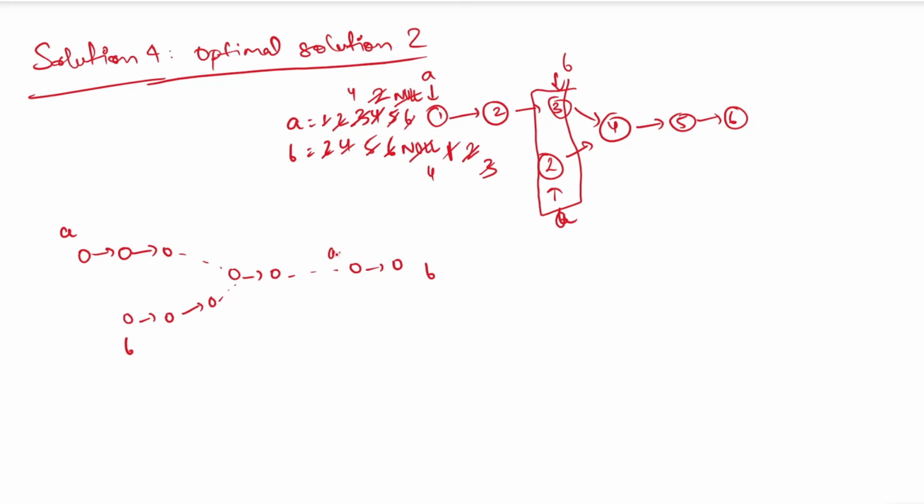A will be somewhere here and B will be here. So what will be the difference? The difference will be A minus B.